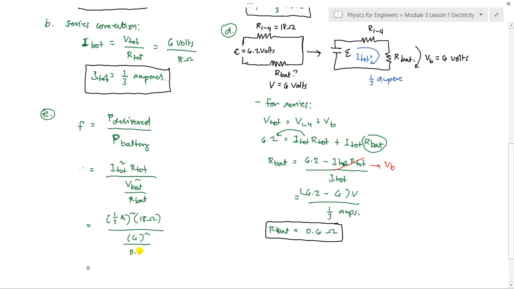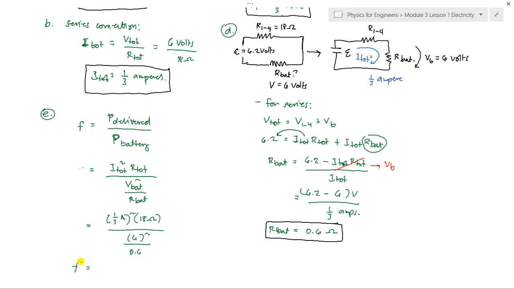So the answer is unitless since it is a percentage. How many percent is delivered? So that is 1/3 squared, 1/9, times 18, divided by 36 over 0.6. So the answer here is 0.03.